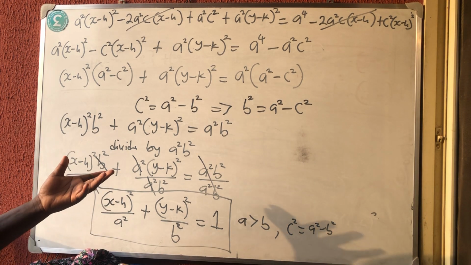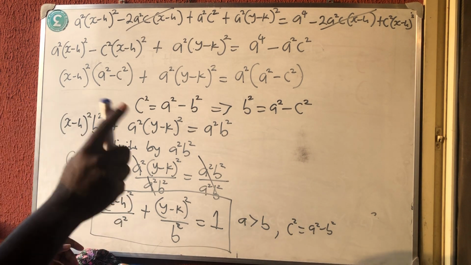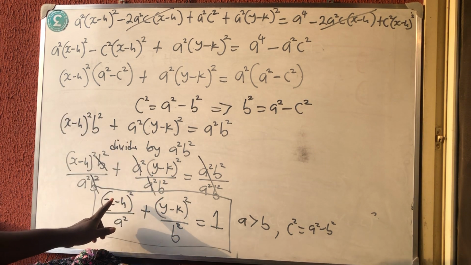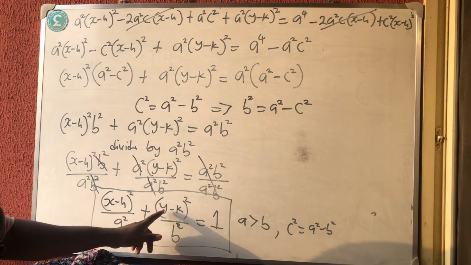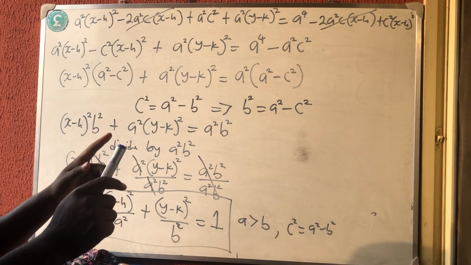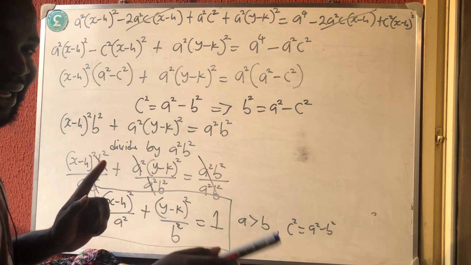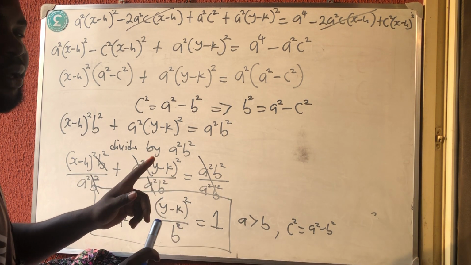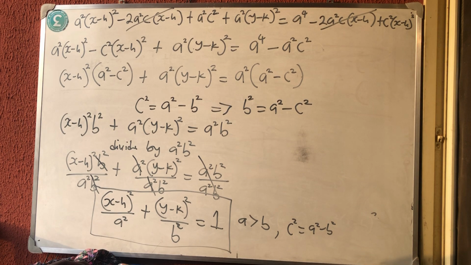How do we know that this equation is an ellipse? First, the coefficients of x squared and y squared will be the same in sign. That is, if it is minus, it will be minus, but they cannot be the same coefficient.